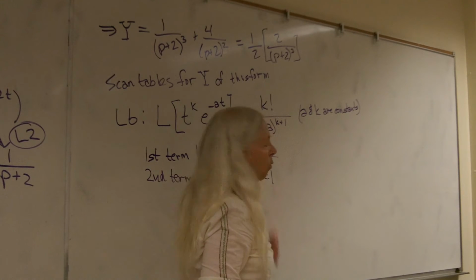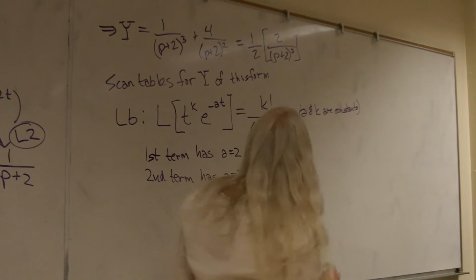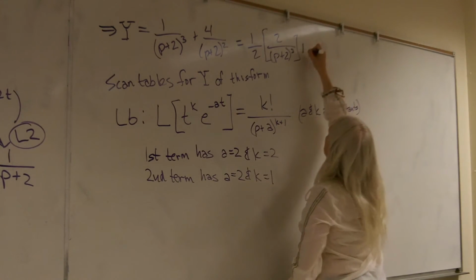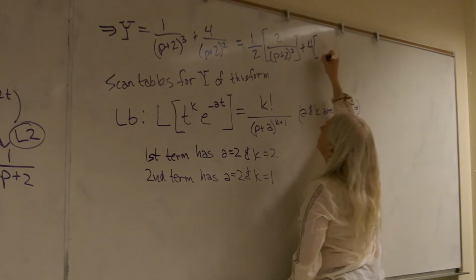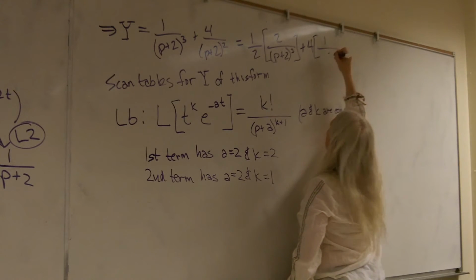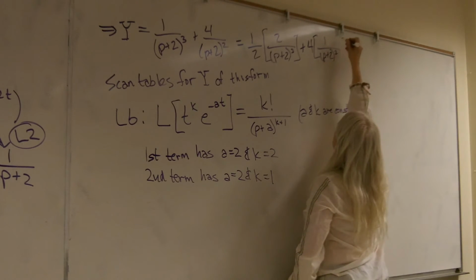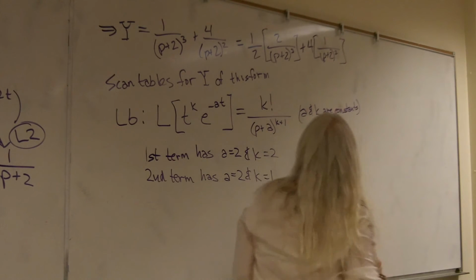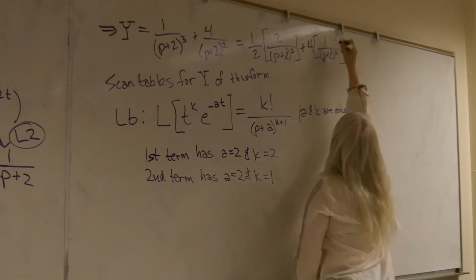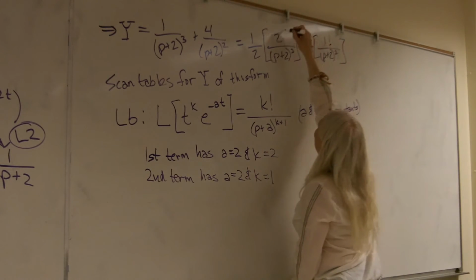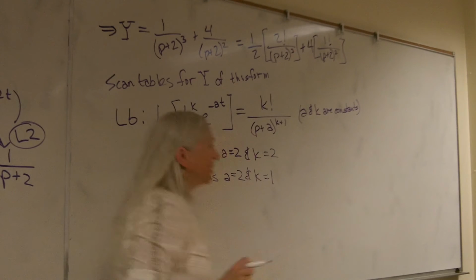And that would mean a 1 factorial, which is just 1 on the top. So in that second term, pull the 4 out in front and write it as 1 over p plus 2 quantity squared. And if you want to remind yourself that this is of that form, you could make the 1 and 2 both factorials.